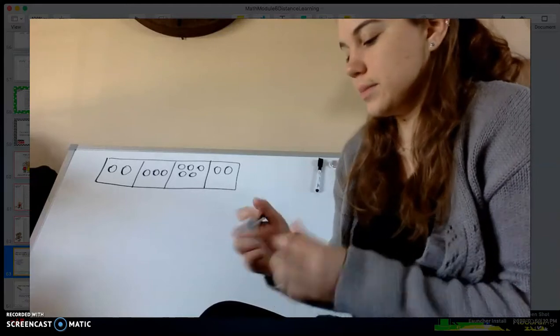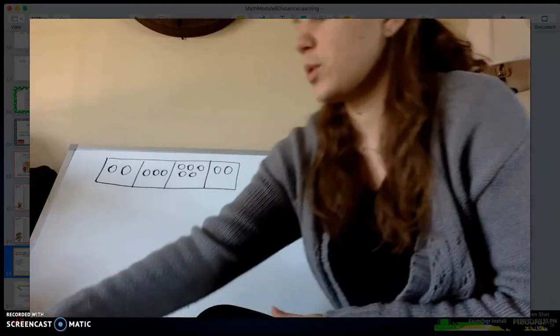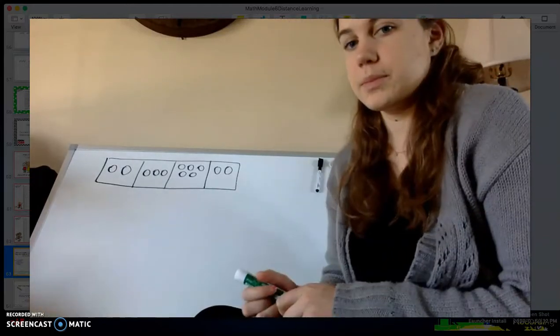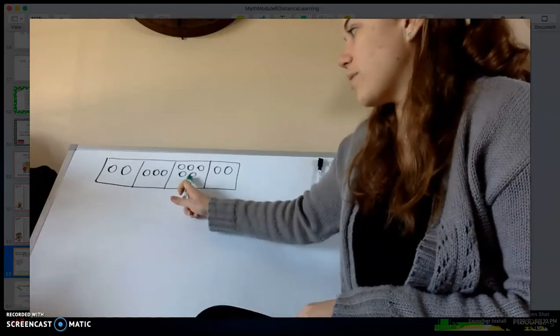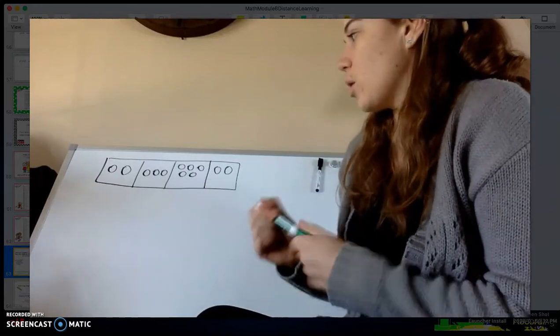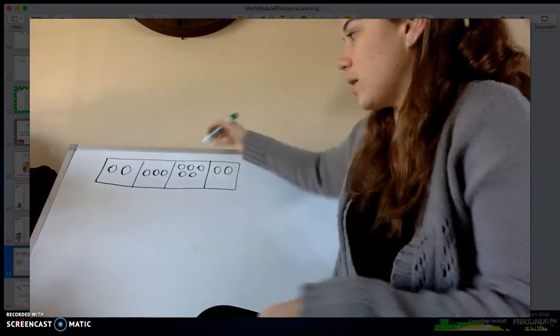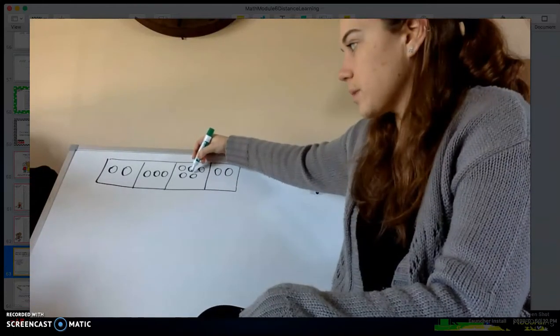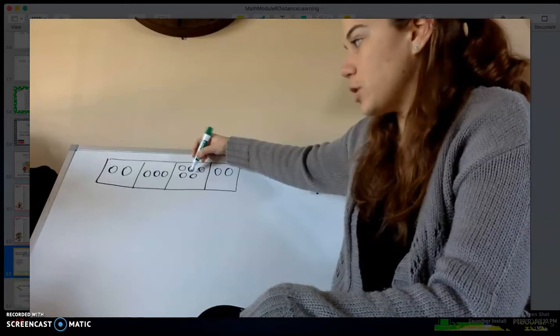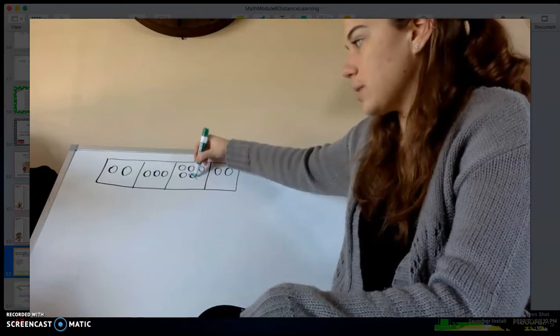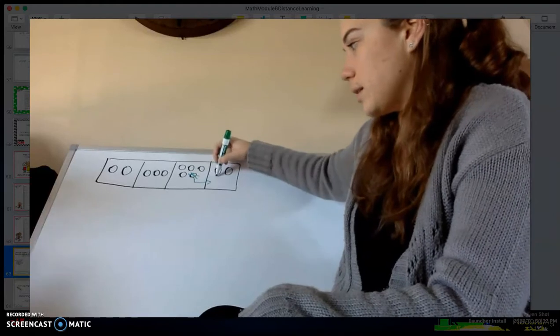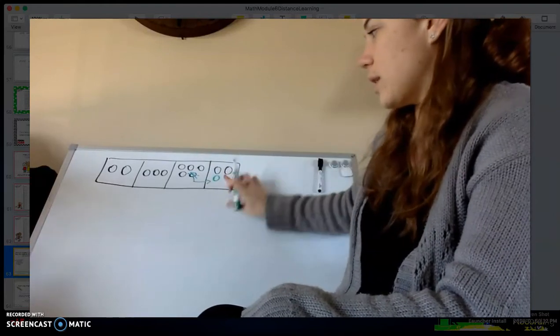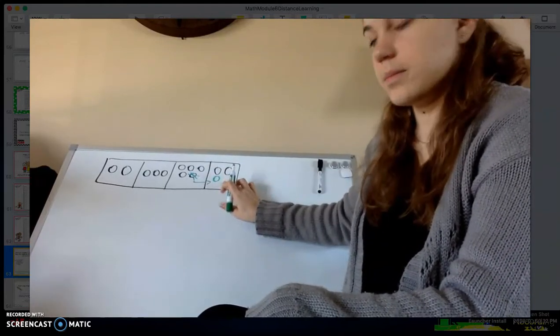Let's think about which one has the most in it. Good, our one with 5. Let's think, what if we moved one of these to another group? I'm going to move it to a group with 2. So I'm going to take this from here, I'm going to move it over here. So now this group has 3.